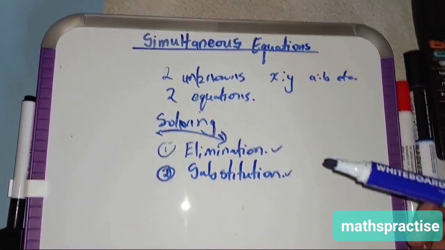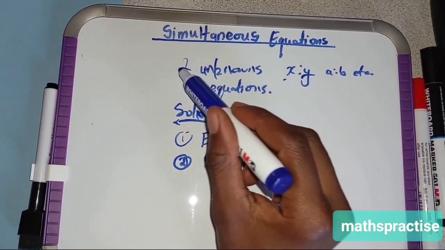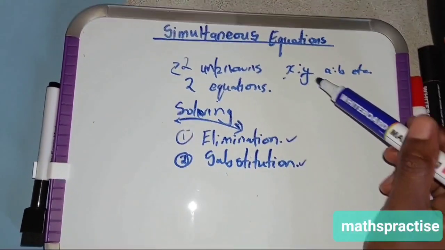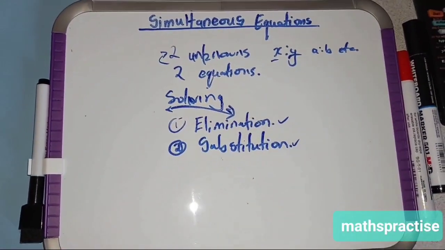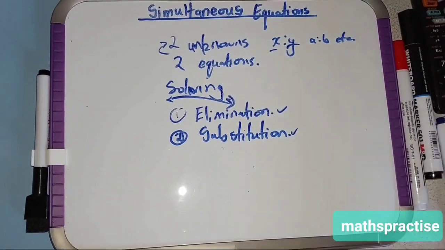So basically it's all about solving an equation and finding the value of the unknown. Since it has two unknowns, you have to find the value of the two unknowns using those two equations. So we are going to look at an example.